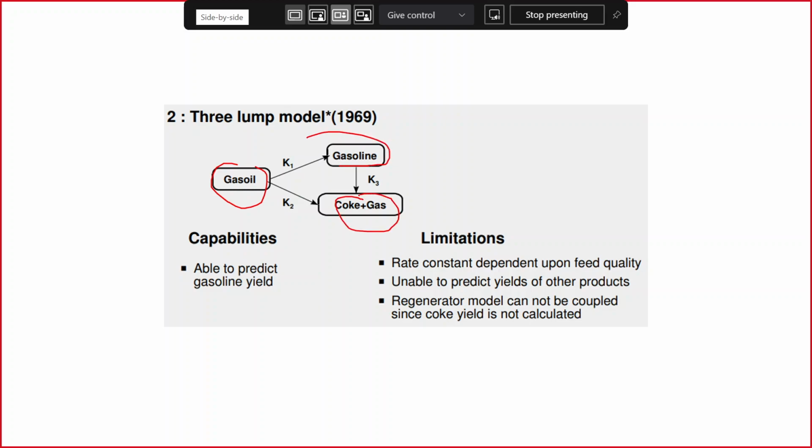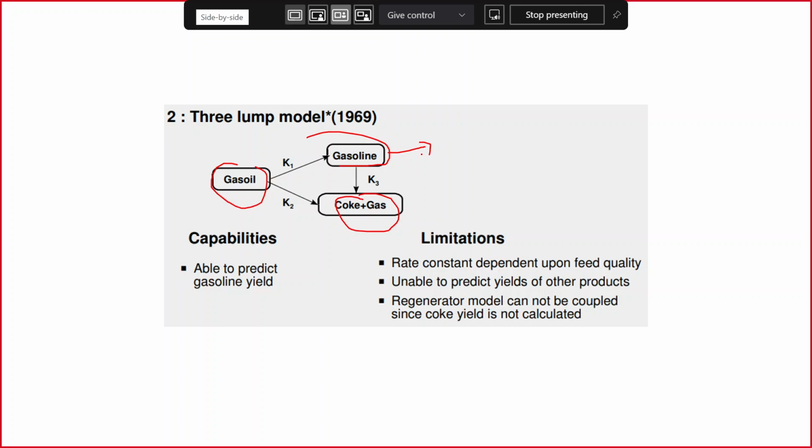So they don't care about the heavies like diesel and jet fuel or whatnot. Why do they care about gasoline and coke and gas? Because gasoline is the main product they want to make, and then coke and gas is something that, well, typically the gas they will send to chemical plants, and then coke is the amount of, because it's, how to call it, yeah.